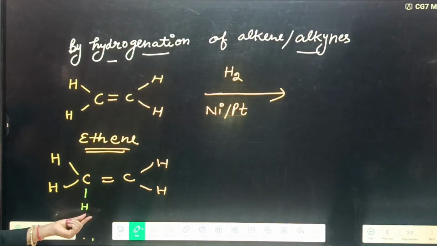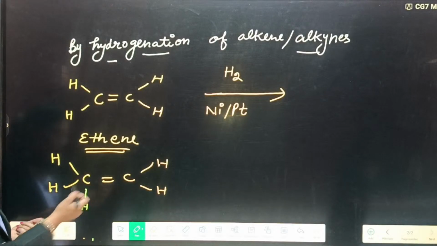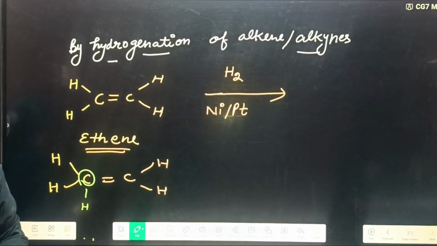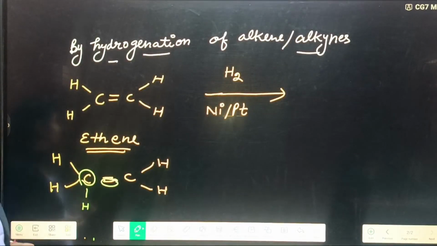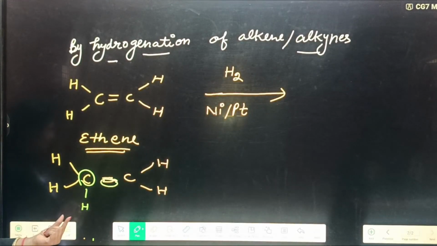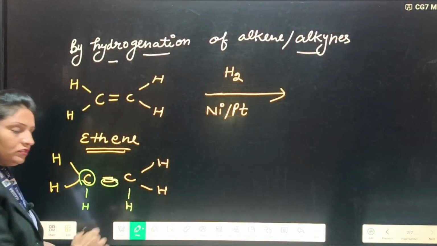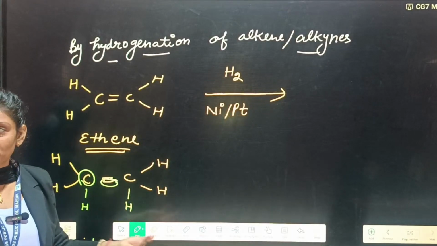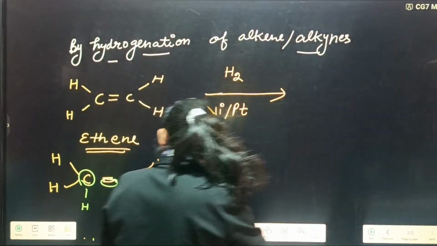If you attach it, then there are 1, 2, 3, 4, 5 bonds. But carbon is tetracovalent only. It means you need to break this one. If you break this one, then there are only 3 bonds, so one hydrogen you can give to this one. Simply you are doing addition of hydrogen.